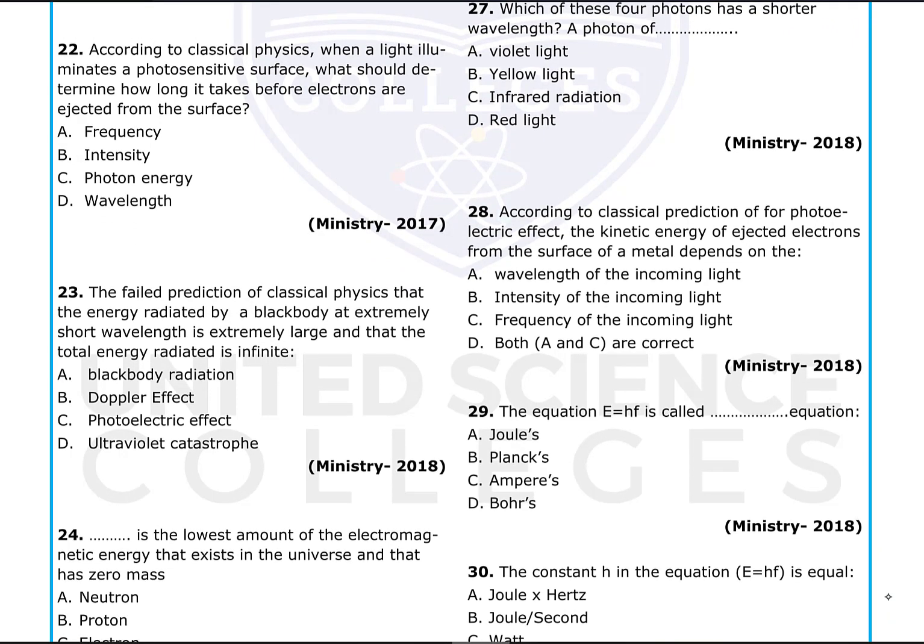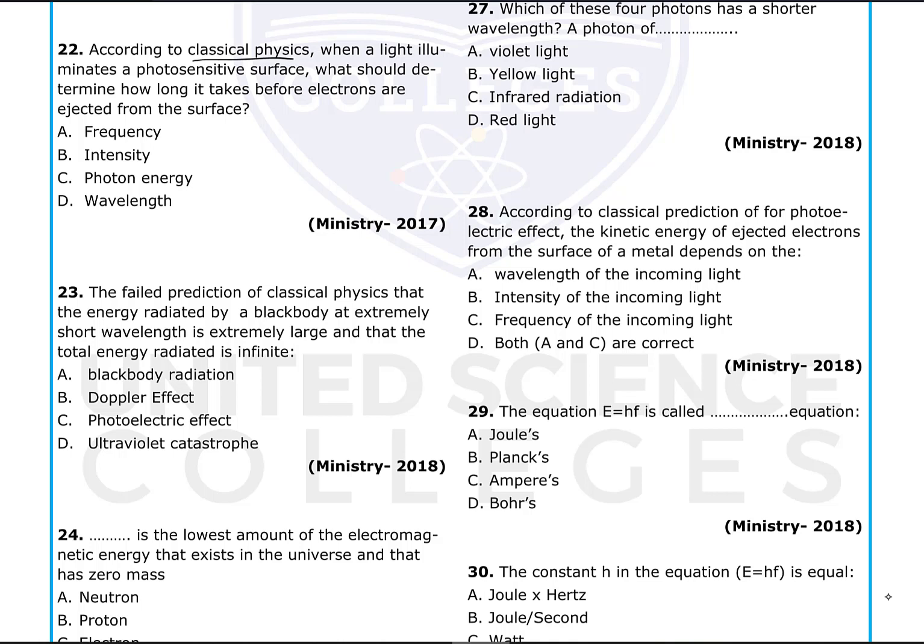Question number 22, sorry. According to classical physics, so this question is about classical physics and what was taught before the experiment. When light illuminates a photosensitive surface, what should determine how long it takes before electrons are ejected from the surface? Before the photoelectric effect, it was believed that as the number of photons illuminating the surface increases, electrons can be ejected.